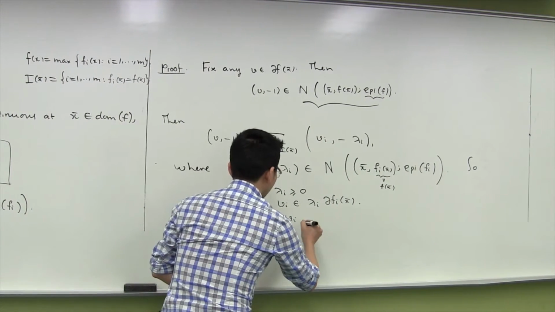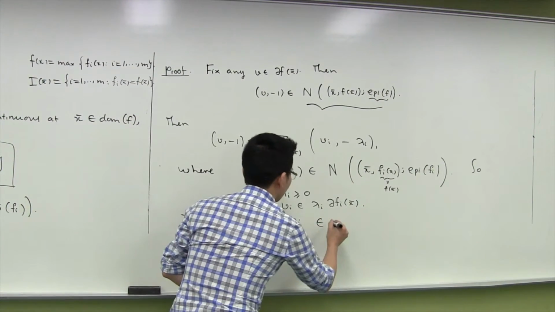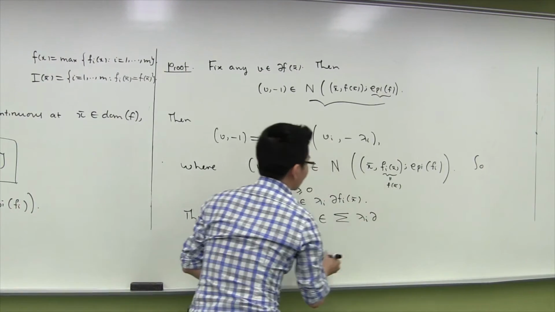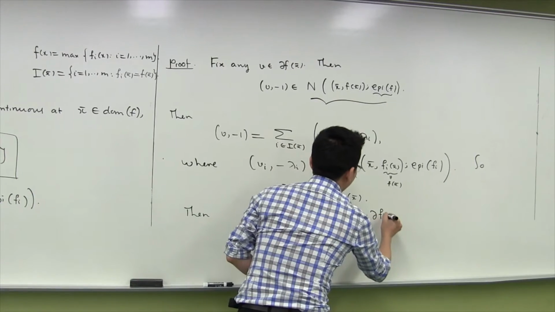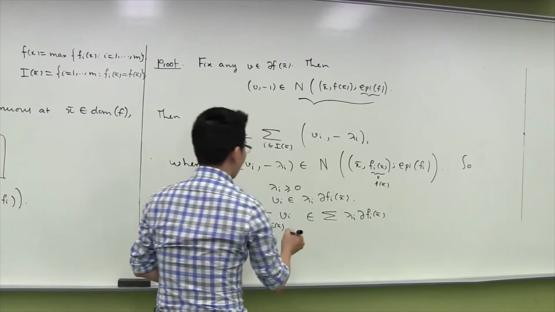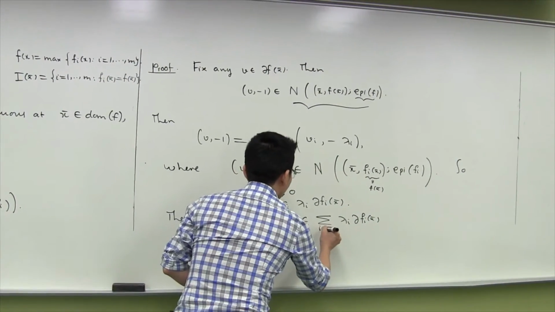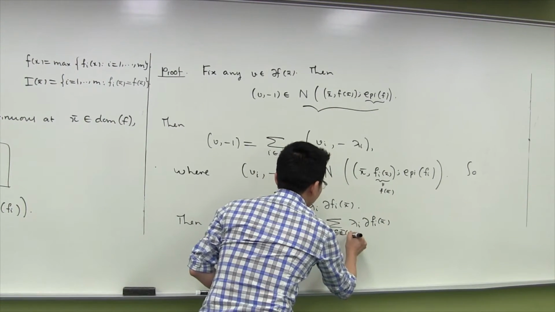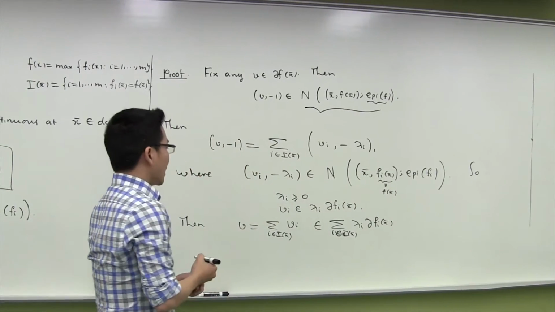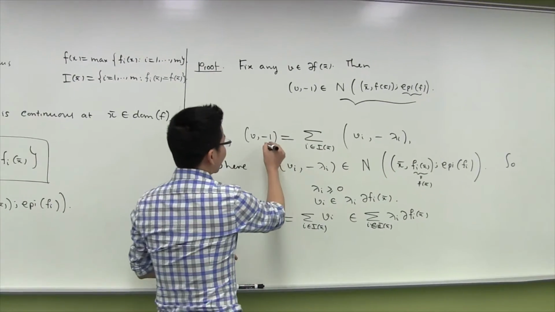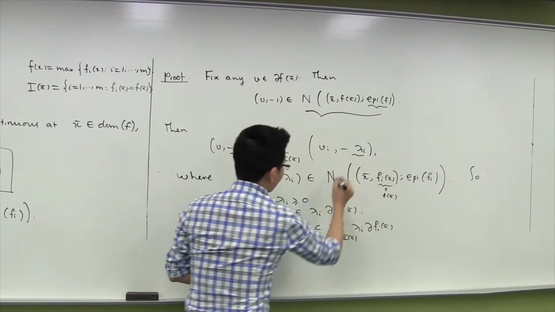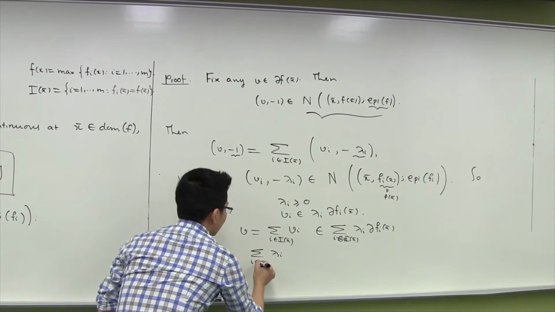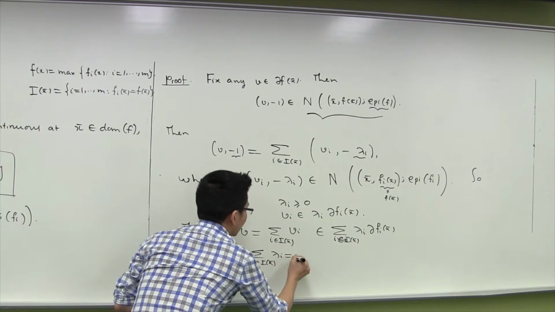And this element belongs to the sum of lambda i times the subdifferential of fi at x bar, where i is in I of x bar. And again, from this formula, we also see that the sum of lambda i, where i runs in I of x bar, is equal to 1.